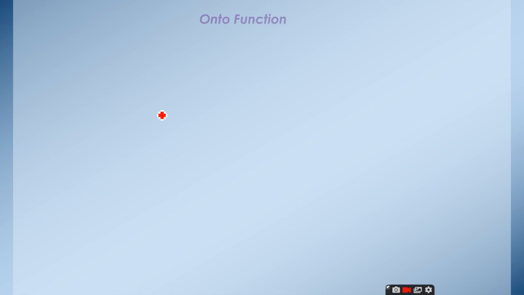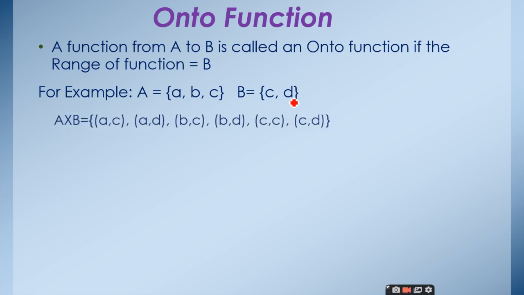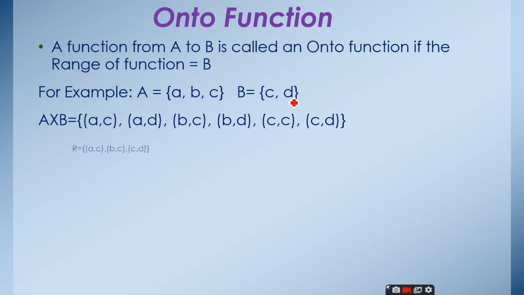Let's learn the first one, which is the onto function. A function from A to B is called an onto function if the range of the function is equal to B. For example, set A is a set of alphabets a, b, c, and B is a set of alphabets c and d. To find the function, first we have to find the Cartesian product, then the relation.